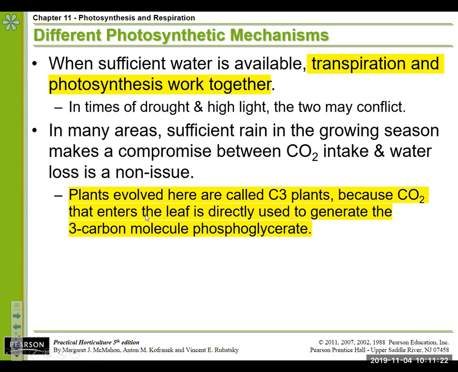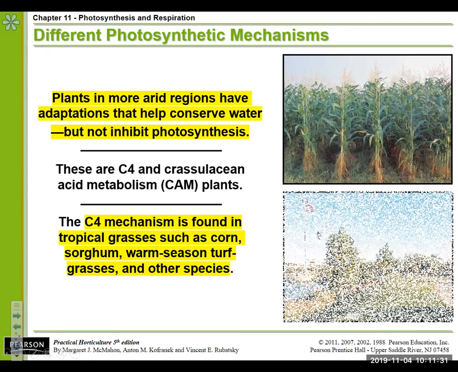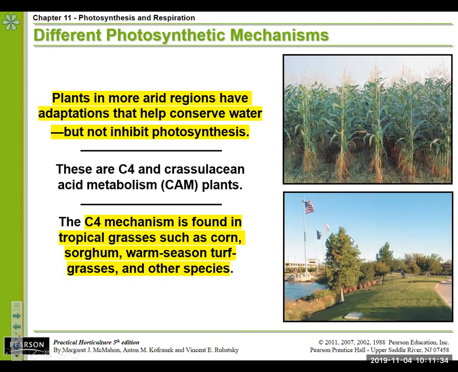Because carbon dioxide enters the leaf, is directly used to generate a 3-carbon molecule, phosphoglycerate. So that's C3.